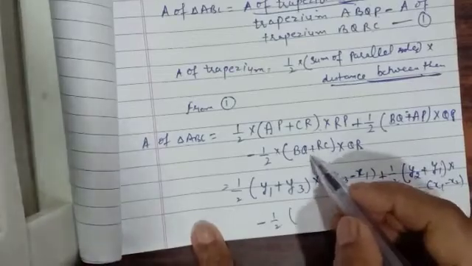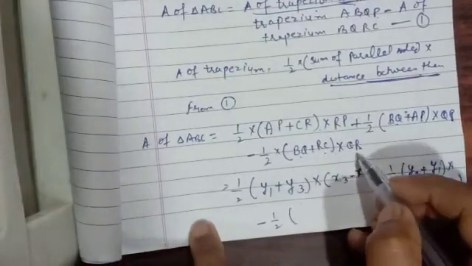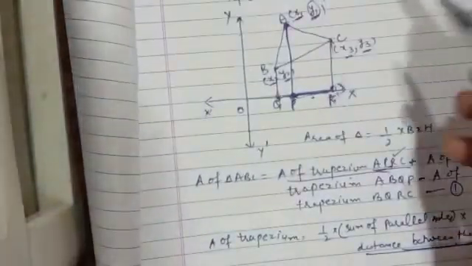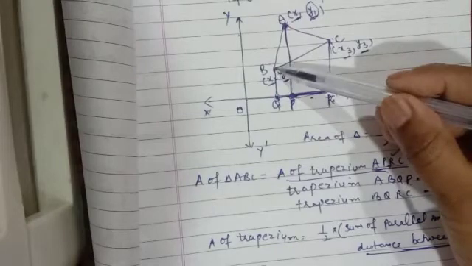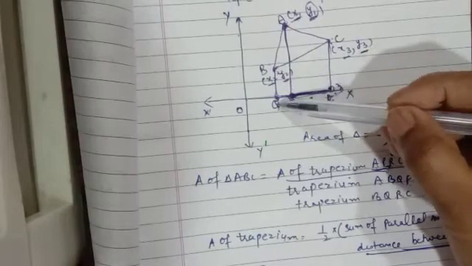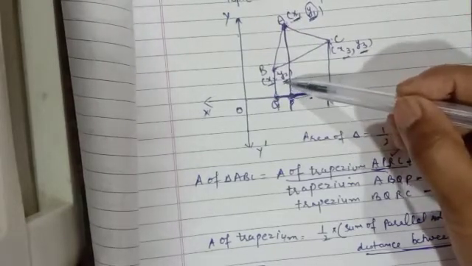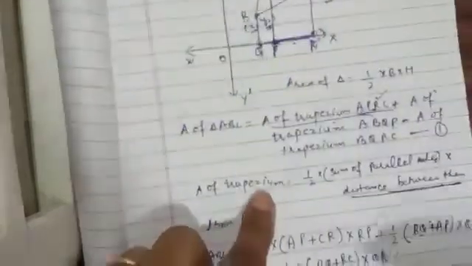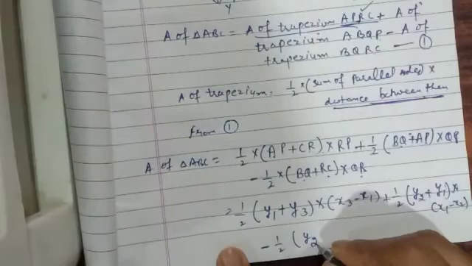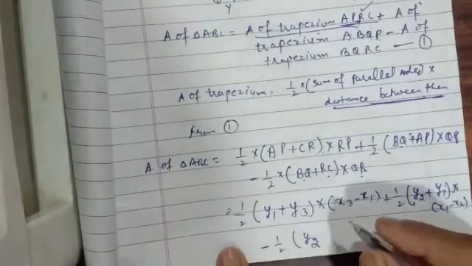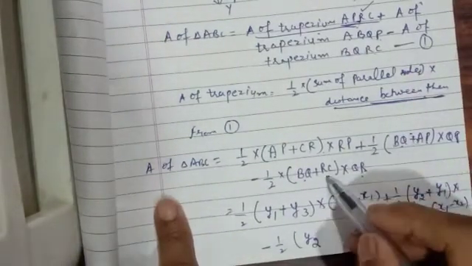Let us find the values of BQ, RC and QR now. BQ, you may see from the diagram, is again the perpendicular distance of the point B from the x-axis, that will be considered as the y coordinate of point B. So here you have to again write y2. The next value you will write is RC.